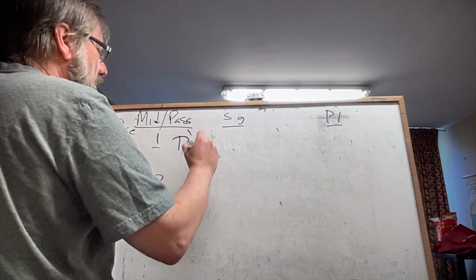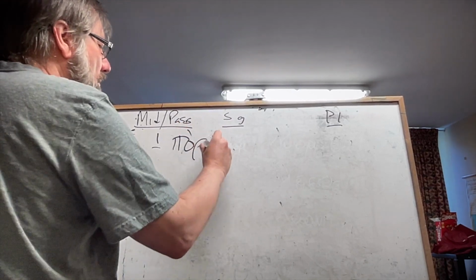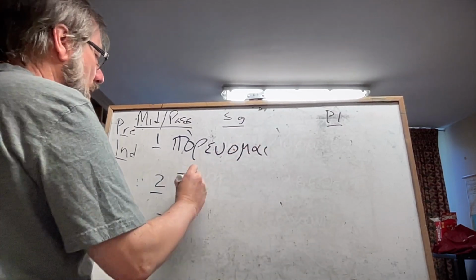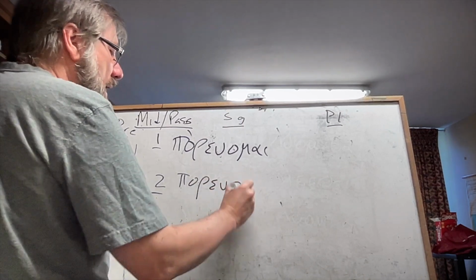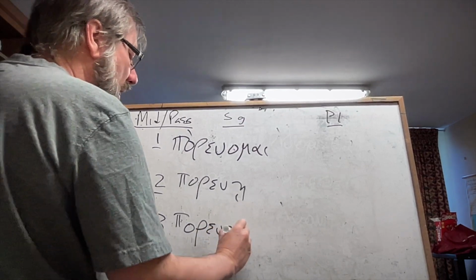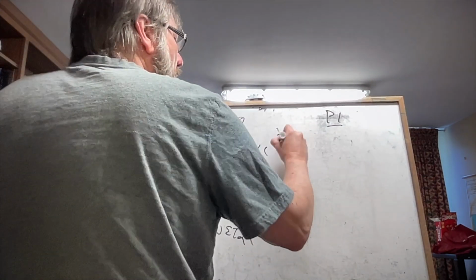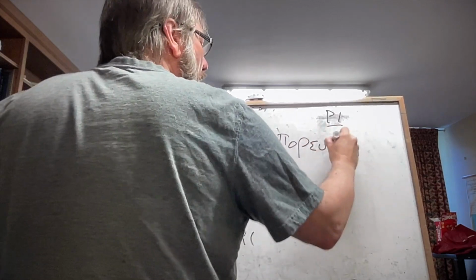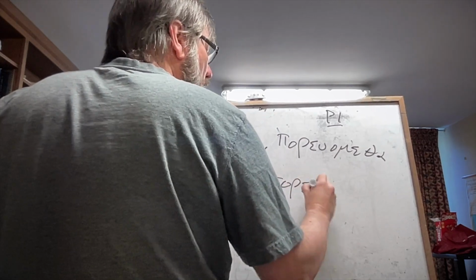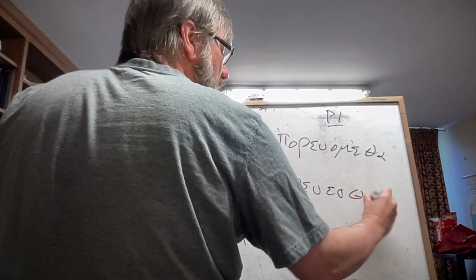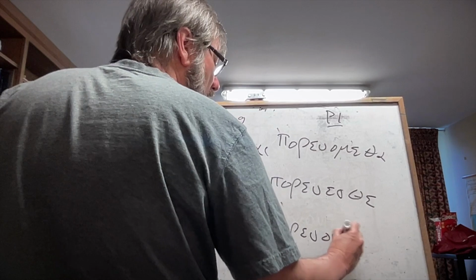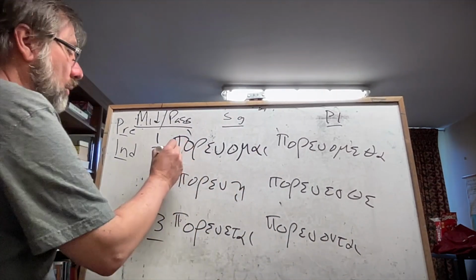Like poreuomai. Poreuomai, poreuei, poreuetai, poreuometha, poreuesthe, and poreuontai. Okay, this is a middle only verb, poreuomai.